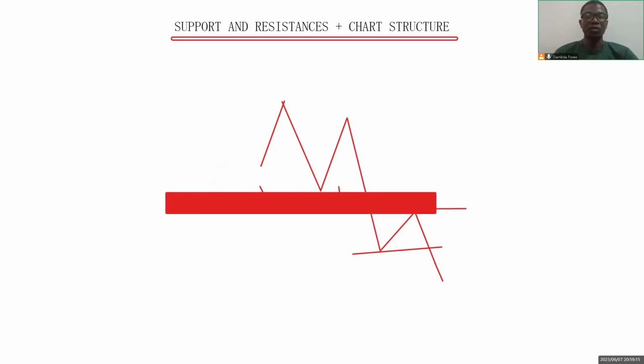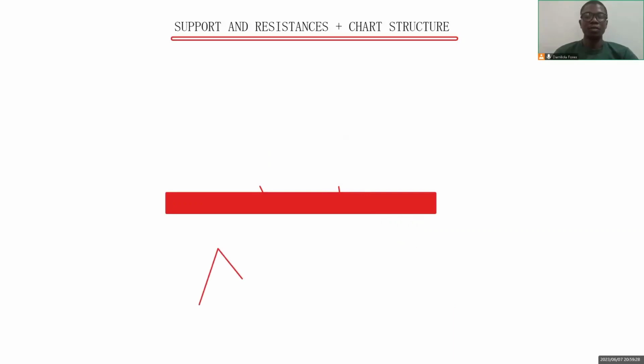Okay, let's also draw it out on the other hand, where we are going to turn a resistance to support. Okay, so prices kept going right here. This is a resistance, and price decided to violate this resistance by breaking above. Okay, I'm not just going to buy at the break of a resistance. I'm going to wait for prices to come and turn this resistance to a support.